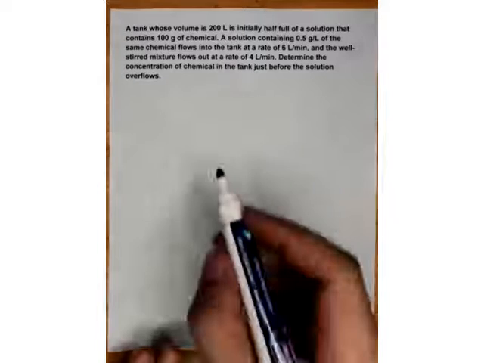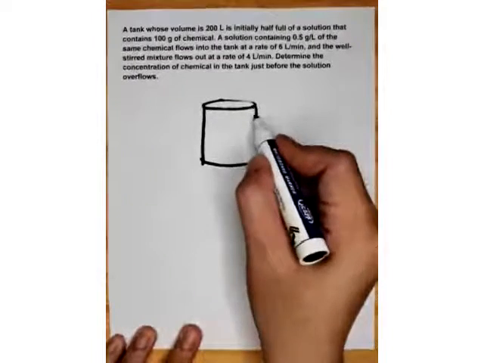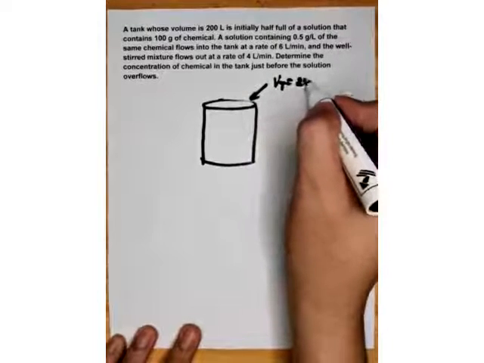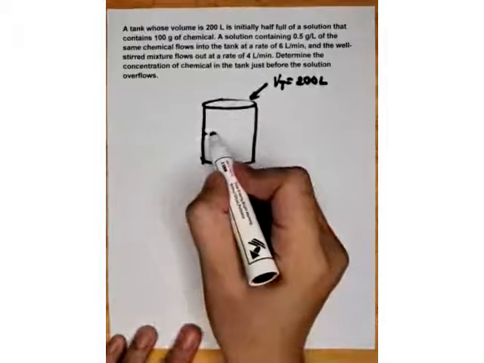Example. Okay. So a tank whose volume is 200 liters is initially half full of a solution that contains 100 grams of chemical. Ayan. So, based sa problem, ang total volume ng tank natin is 200 liters. But initially, it's half full.